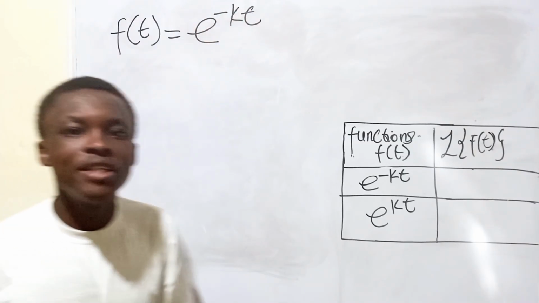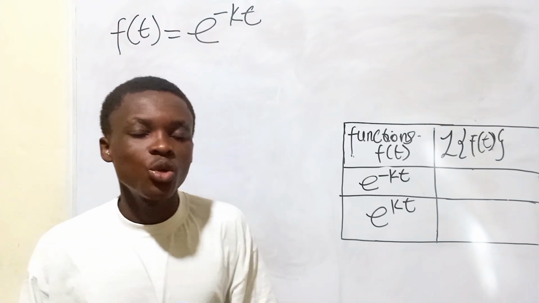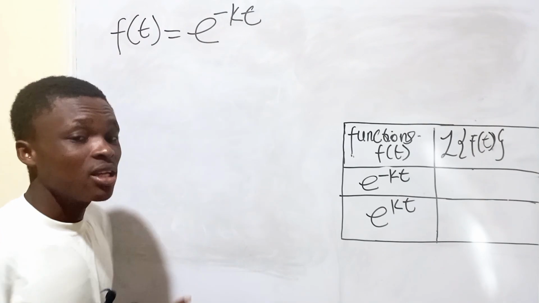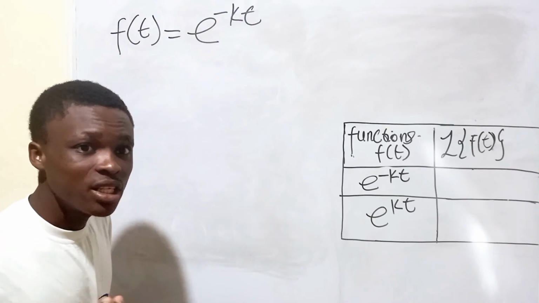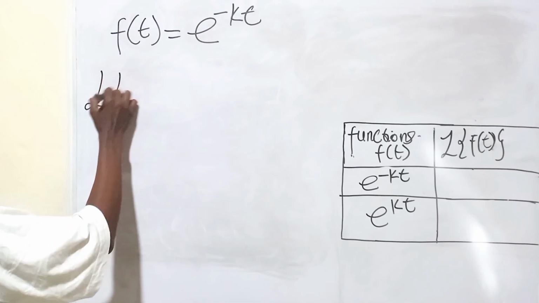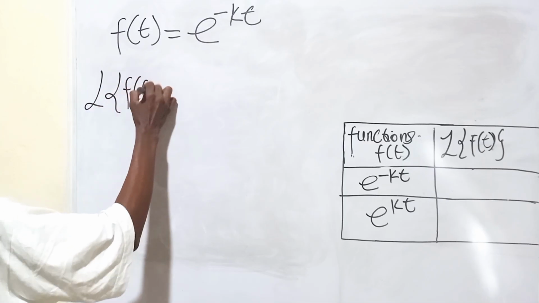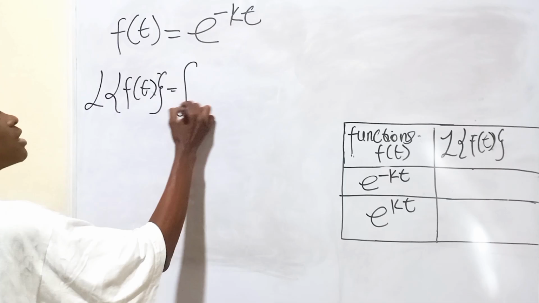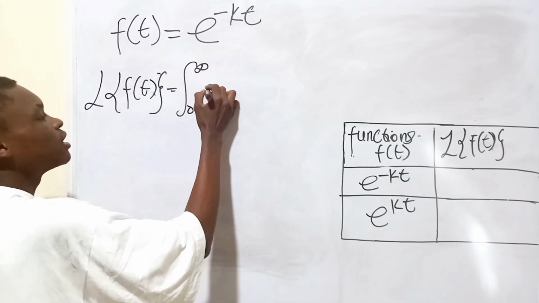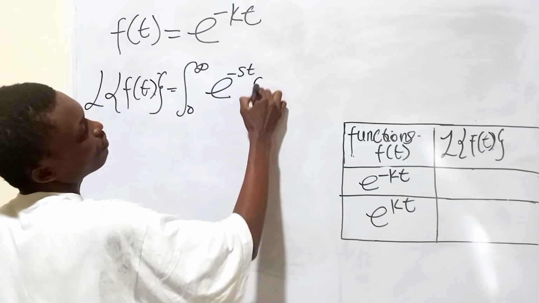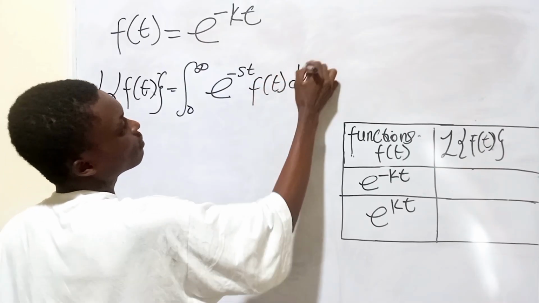First of all, you must know the definition of the Laplace transform. The Laplace transform of a function f of t is defined by this integral from 0 to infinity of exponential negative st times f of t dt.